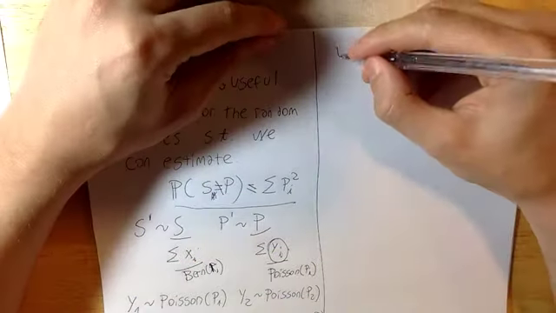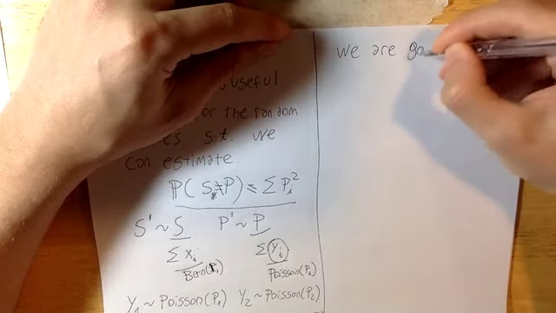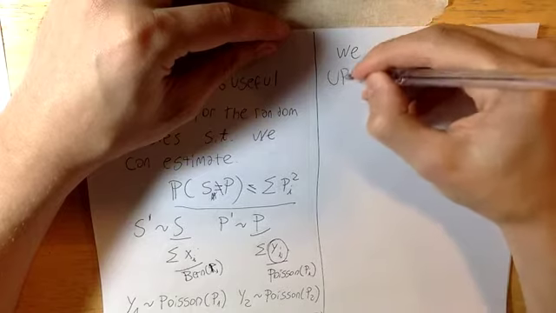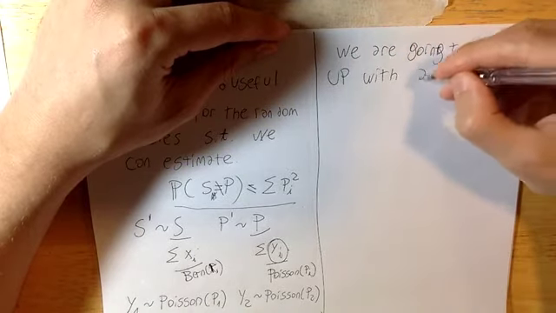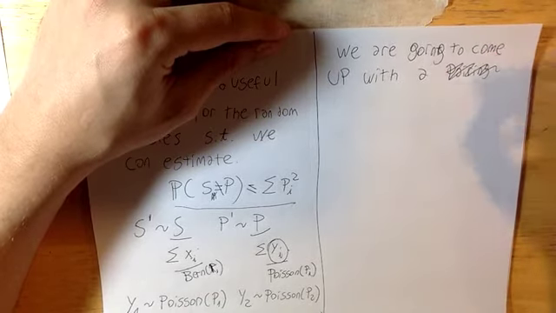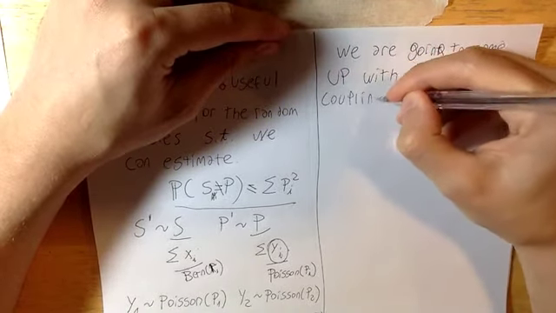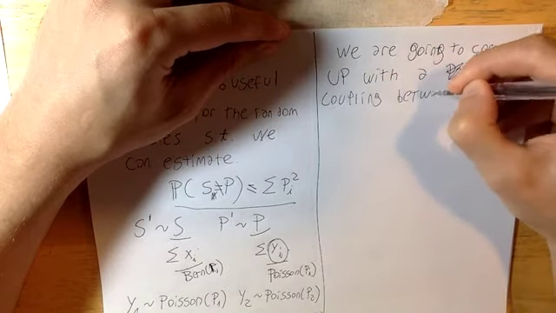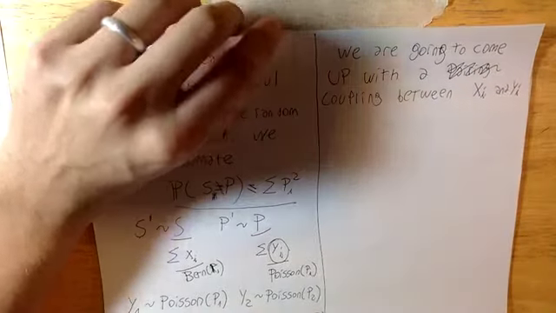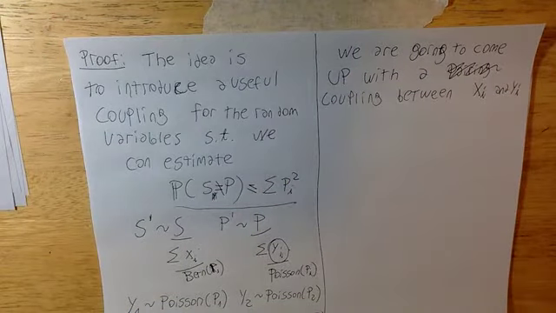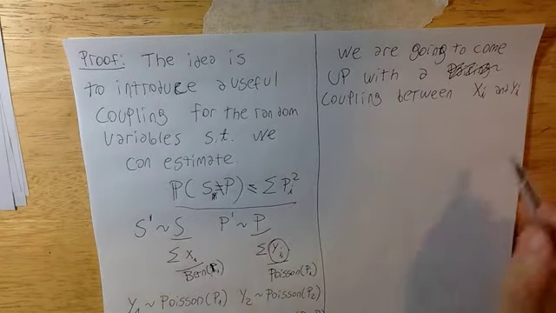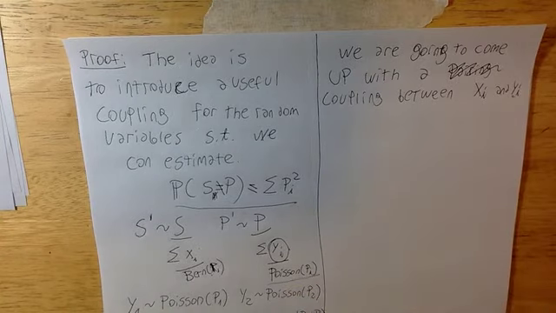So we are going to come up with a pairing, with a coupling, between x_i and y_i. Okay, so x_i is Bernoulli of parameter p_i, and y_i is Poisson with parameter p_i.